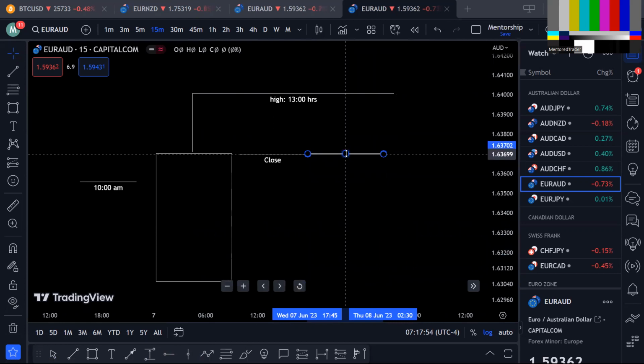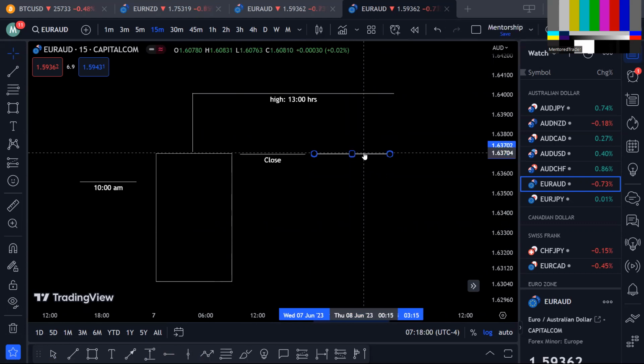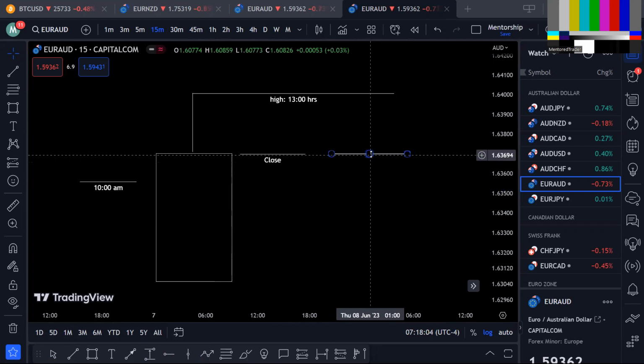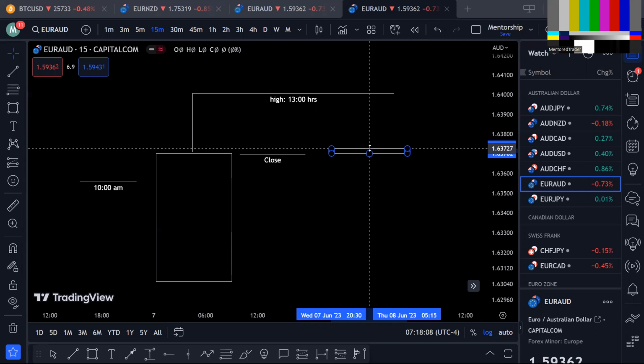So if you're looking for an entry, we are going for the Asian range now. 1700 hours opens another candle down there. Then this candle, if we are to sell, we want to see this candle going up. One of the two things we need to see is this.